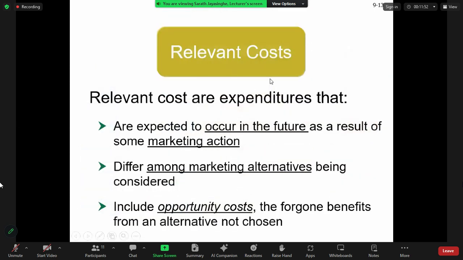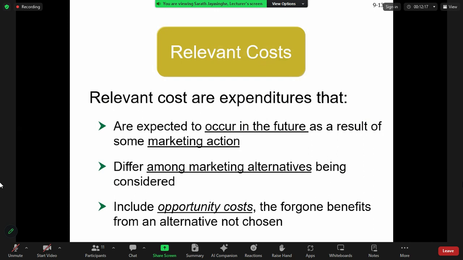Then there is something called relevant cost. What do you mean by relevant cost? They are expenditures that are expected to occur in the future as a result of some marketing action. So in future you may try to do some marketing action. Then there will be some expenses, called relevant costs.